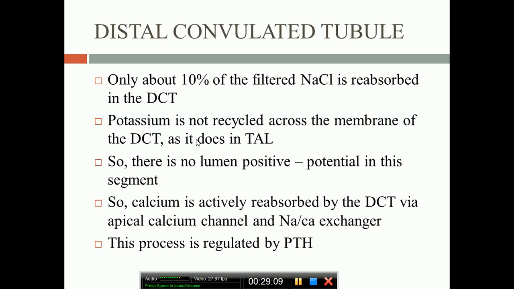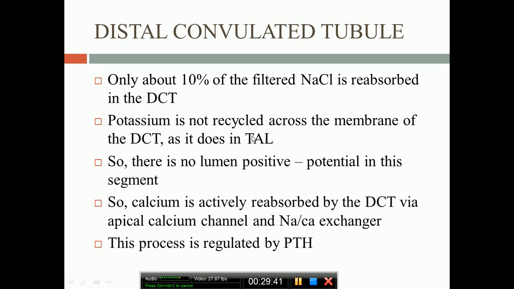Okay, then the next segment is the distal convoluted tubule. What is the normal physiology of the distal convoluted tubule? About 10% of filtered sodium chloride is reabsorbed in the DCT. If you remember, in the PCT it's around 65%, in the loop of Henle around 25%, and 10% of the filtered load of sodium chloride is reabsorbed here.